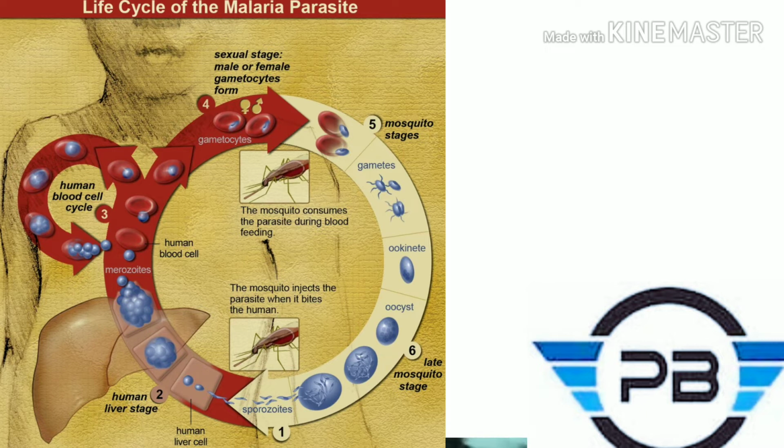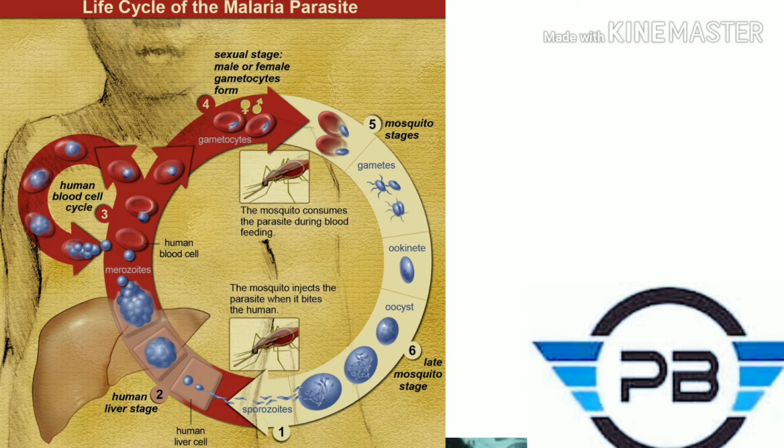It bites and sucks in blood, and that is how it gets its food. But at the same time it is also taking up the gametocytes along with the blood. And what are these gametocytes? These are the gametocytes of Plasmodium. So these gametocytes will also enter inside the body of the mosquito.